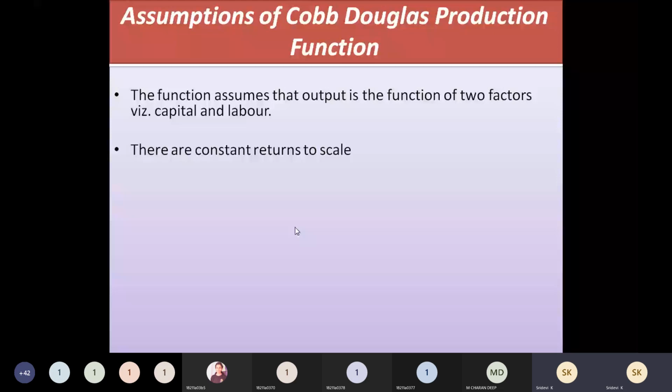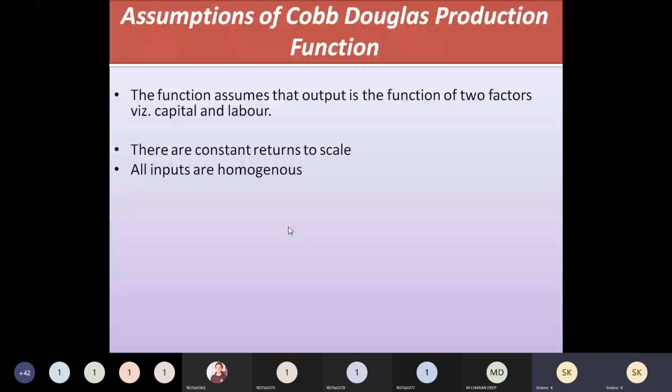The assumptions of this Cobb-Douglas production function are: you get constant returns to scale, and the inputs are homogeneous. Whatever input you change should be the same. Homogeneous means the same. As capital and labor were taken, only capital and labor are changed, not the other inputs.